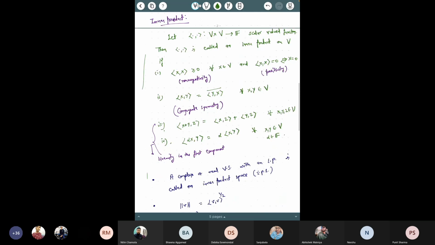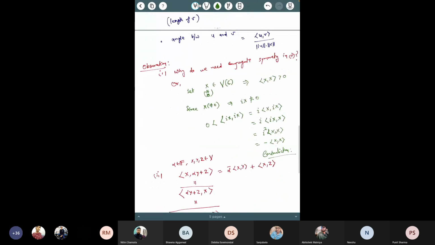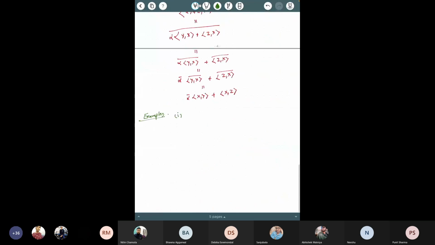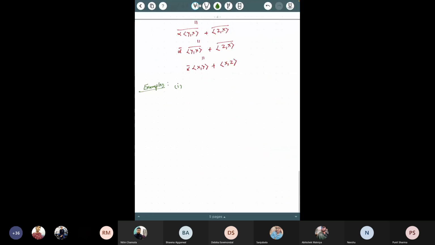If it satisfies all four properties, then it is an inner product on that vector space. Otherwise, it is not. If it violates any of these four properties, then it is not an inner product. Here I will not prove whether a given function is an inner product or not, but I'll just give you examples, and you can check whether these functions satisfy these four properties or not.